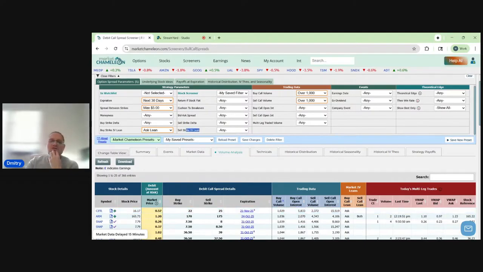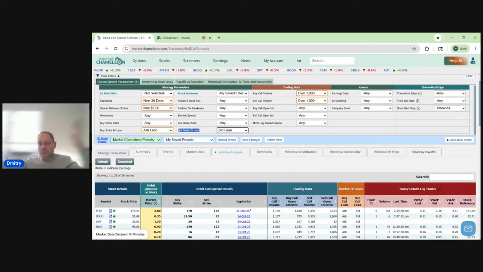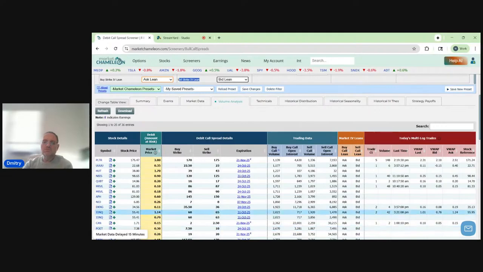So what about this sell side? Well, we might want to find a buy bid lean. There's competition to buy. So maybe where there's competition on both sides could create a good spread opportunity, right? So now you could see here, ask lean, bid, right?